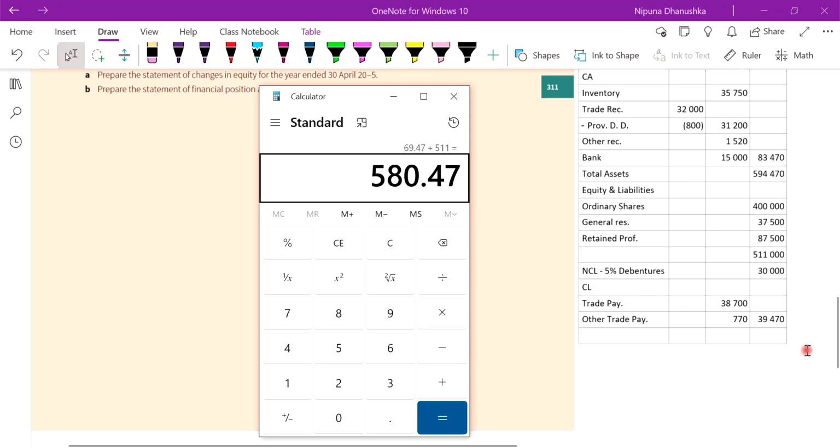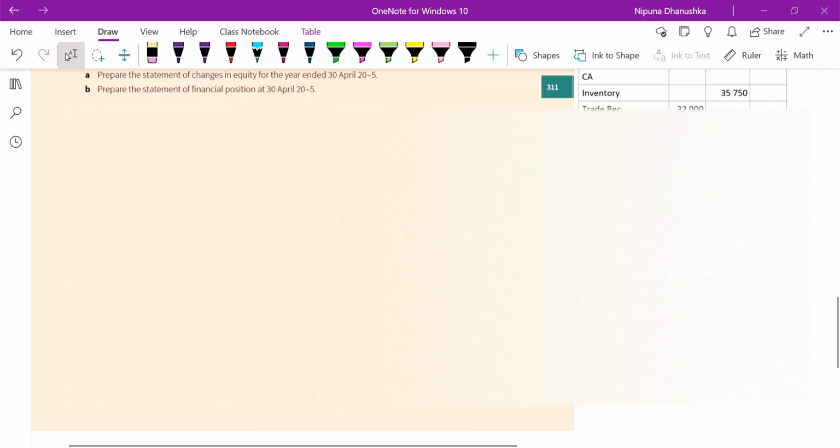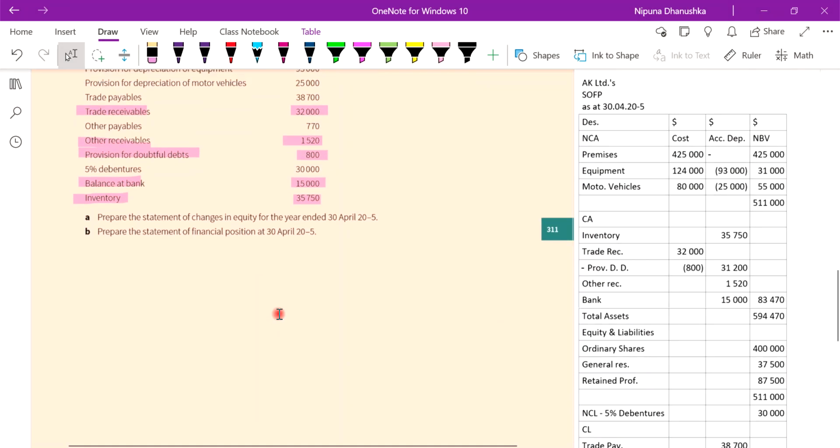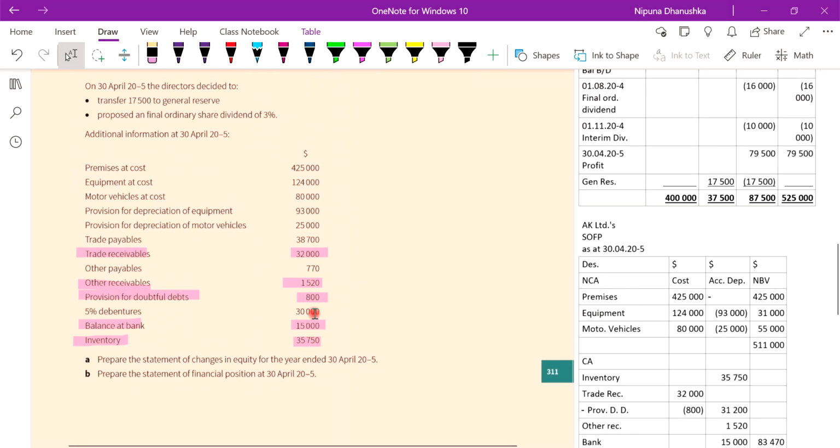Did we miss something here? It seems so. Let's double check. Trade payables, correct.